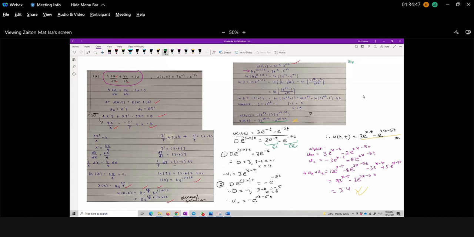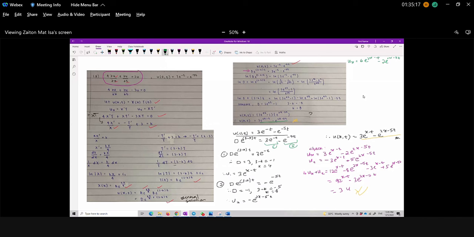So ux in this case is 6e^(2x-t) minus 2e^(2x-5t). That is ux.